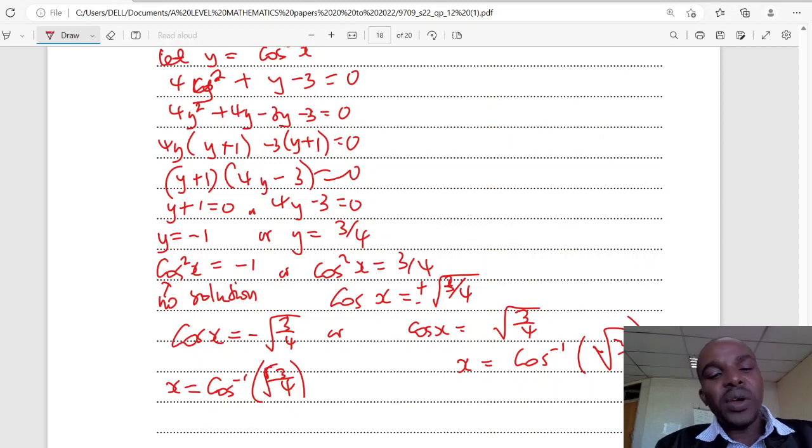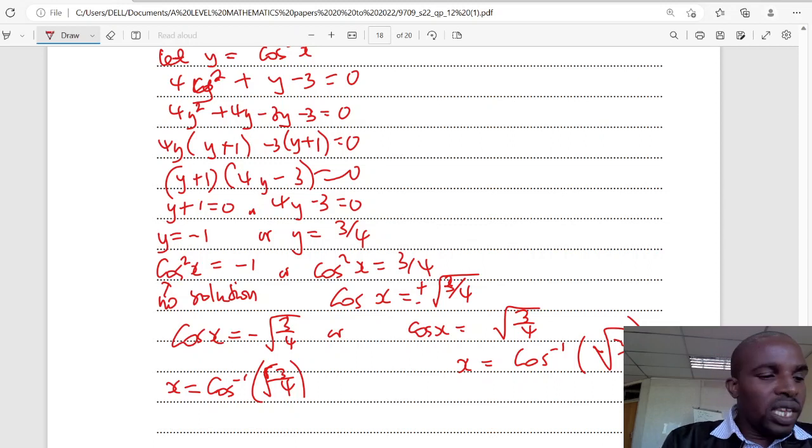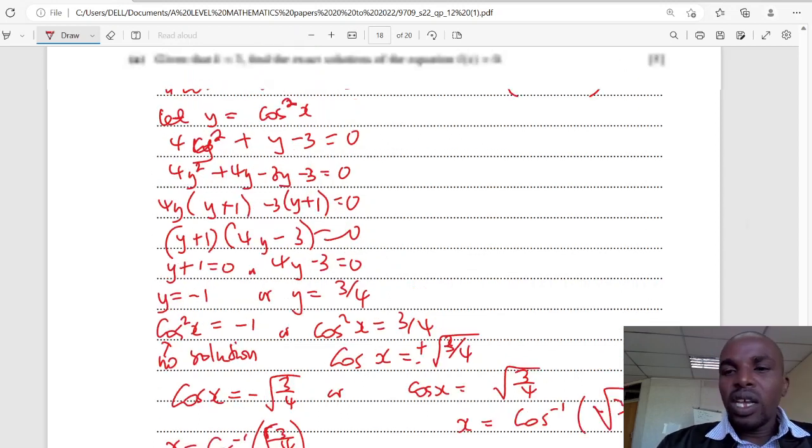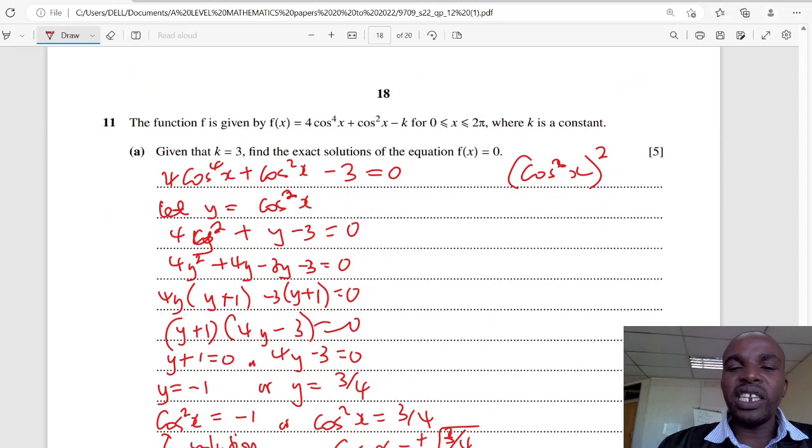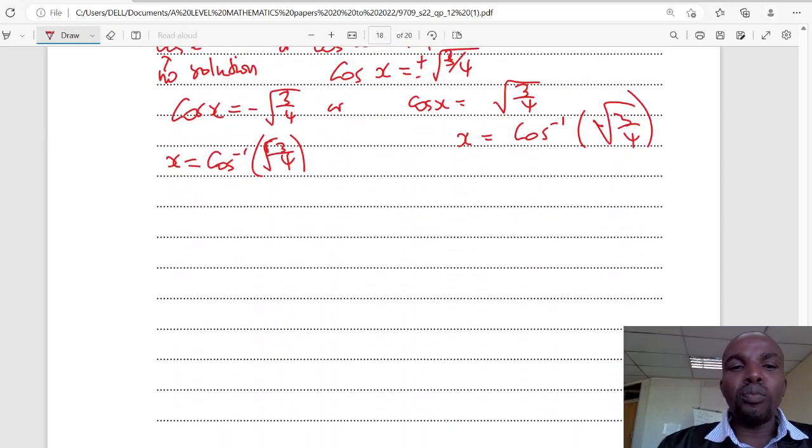You can punch in your calculator, arc cos. Make sure your calculator is in degrees mode. Actually, what's the question's requirement here? It's in radians, so make sure your calculator is in radian mode, right? Because it's 0 to 2 pi.